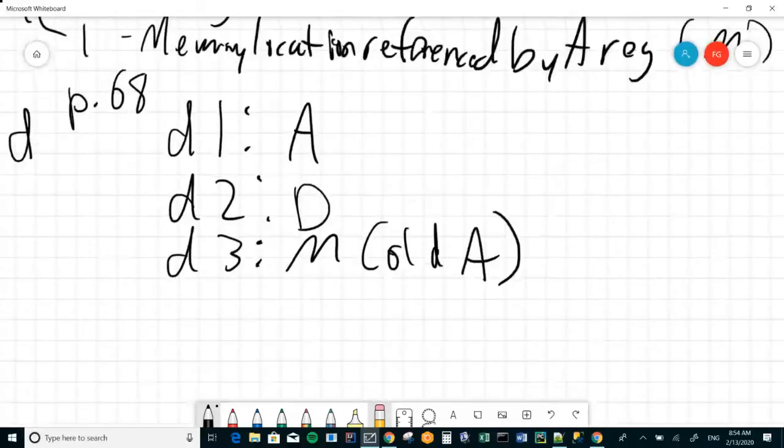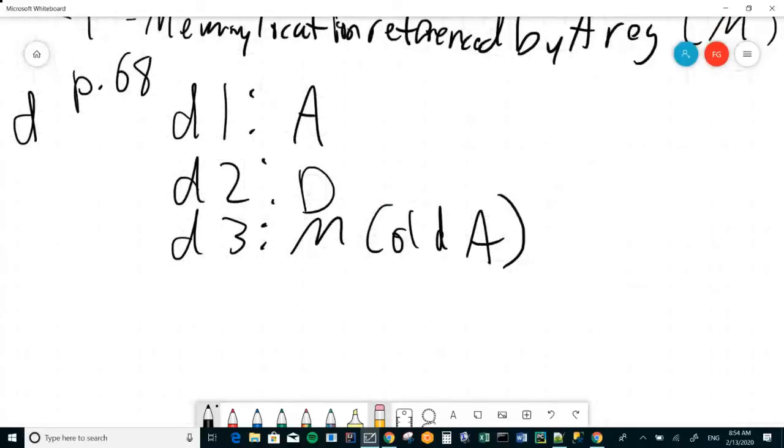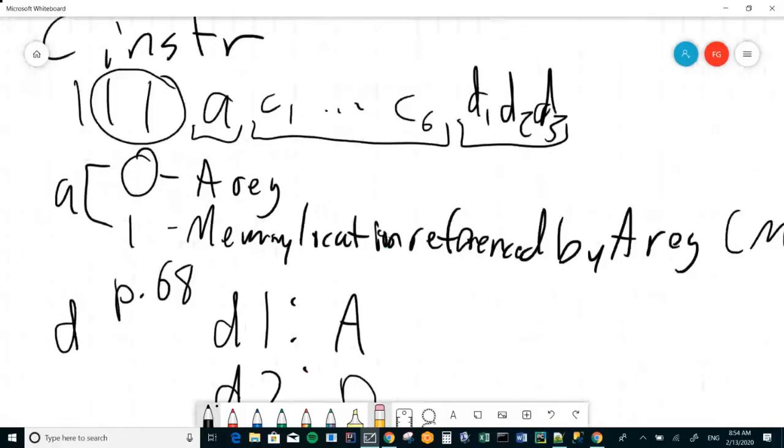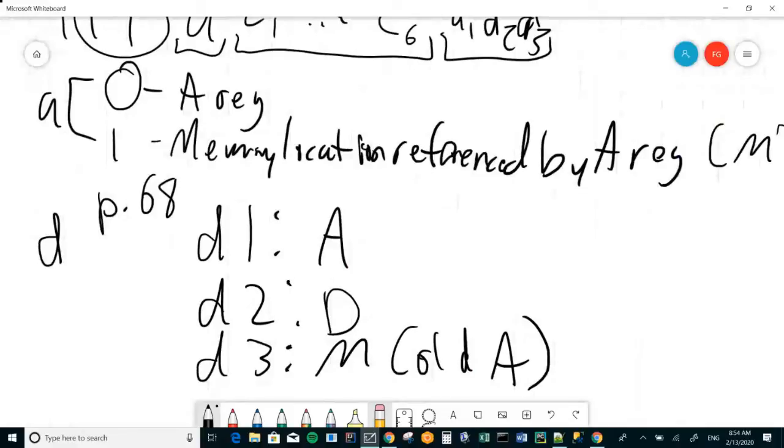You can actually then write to both A and M, either one, whichever. So the A bit over here has no effect on the destination. The A bit is strictly about what's going into the ALU. Everybody with me so far?